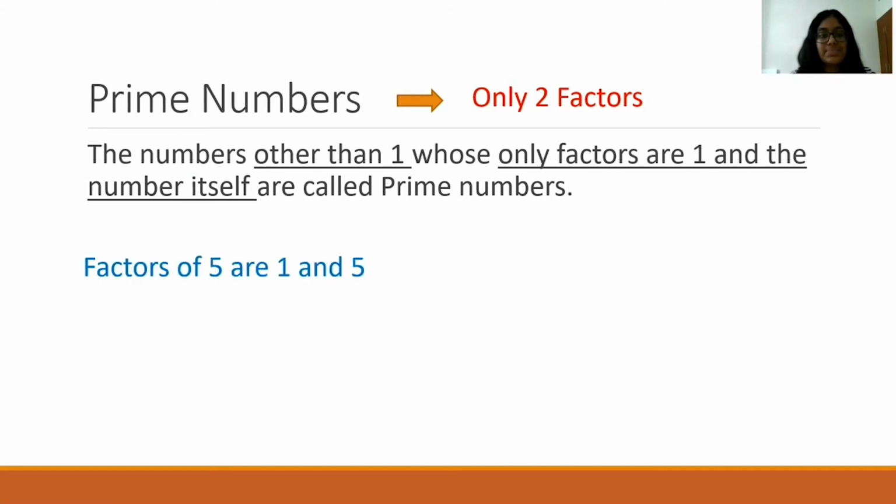Let's take an example. The factors of 5 are 1 and 5, which is 1 and the number itself, which is 5. So 5 is a prime number because it only has 2 factors.